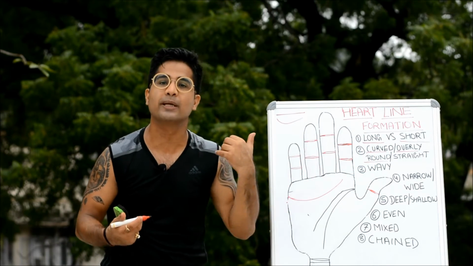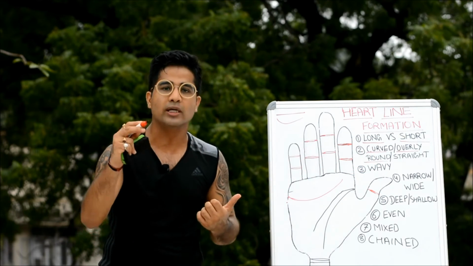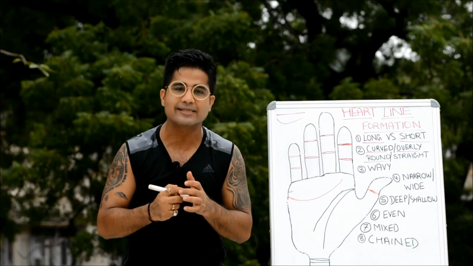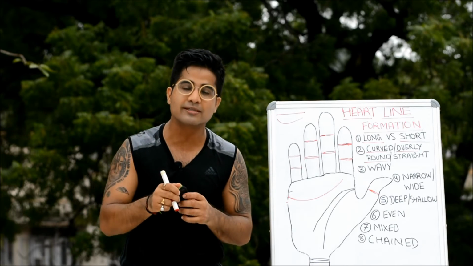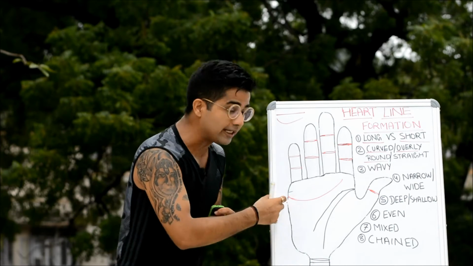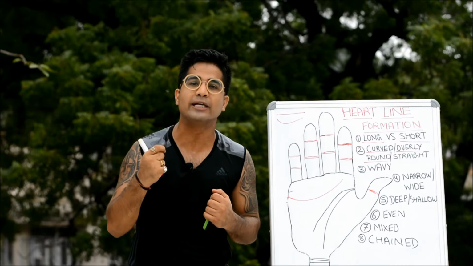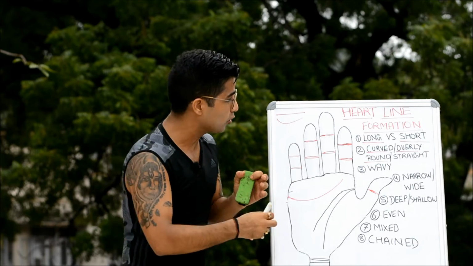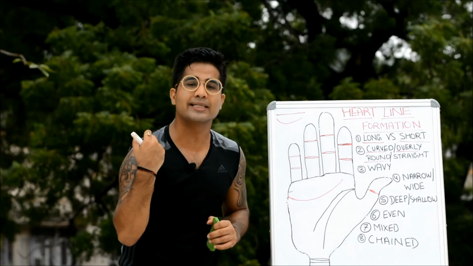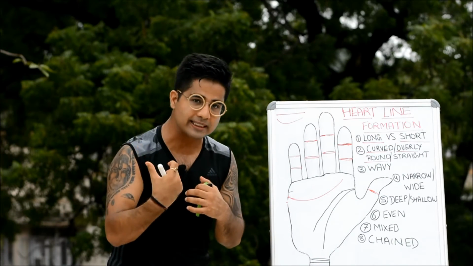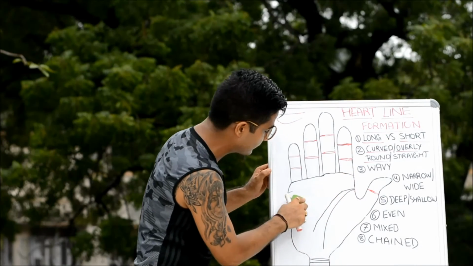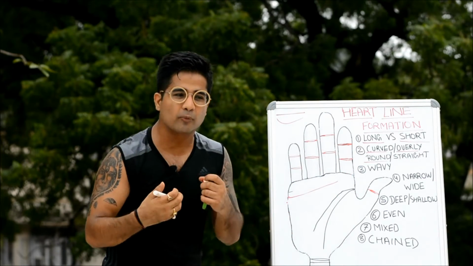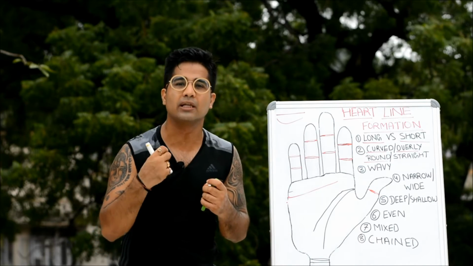These people become too sentimental, too emotional, and even their decision making has a tinge of emotions and is biased by emotions, and there would also be a fear of a little bit of impulsiveness in matters of the heart. So the overly round heart line tells about sentiments in excess. Next, we have already discussed the straight heart line, which tells about an unyielding, uncompromising nature in matters of the heart.